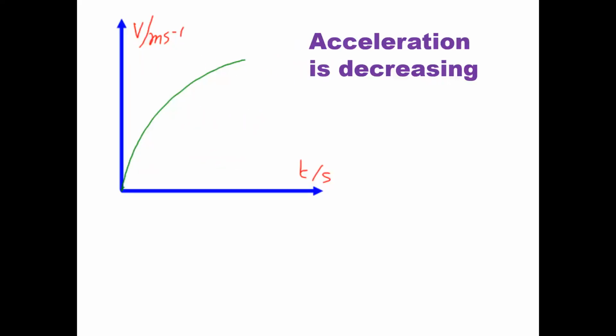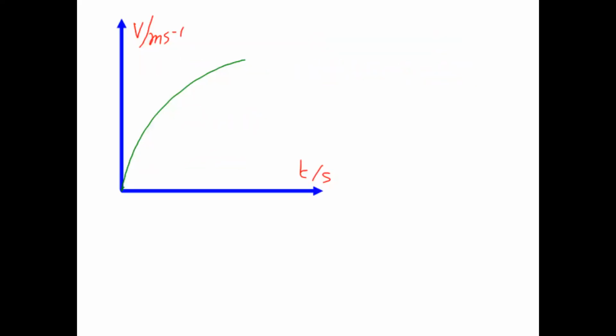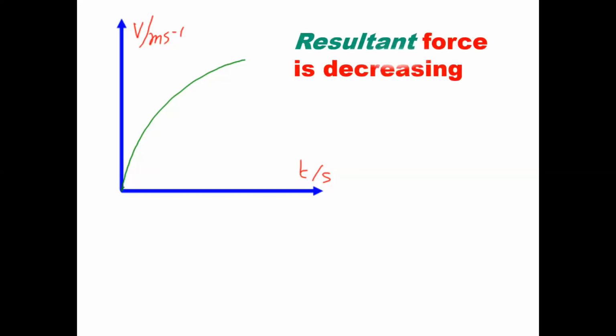Because what is decreasing is the gradient, which is acceleration. When acceleration is decreasing, it means resultant force is also decreasing. Whatever the trend in acceleration, the same trend will be valid for resultant force.